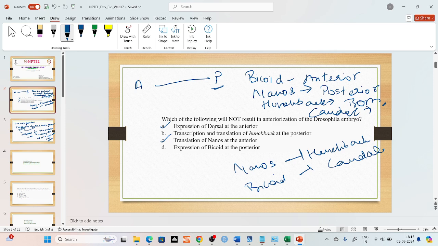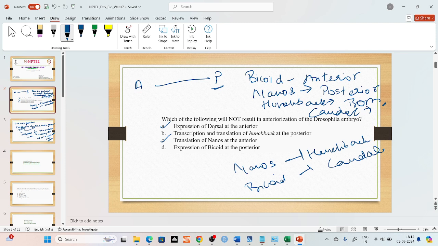So see, always remember whenever we're talking in developmental biology, it doesn't mean that because dorsal is responsible for ventralization, dorsal will work only when it is present in the ventral axis. No, dorsal can work anywhere. The phenotype that it will give is a ventral axis formation. So if dorsal is expressed in the anterior end, it will form ventralization only. It will not switch to forming the anterior axis.